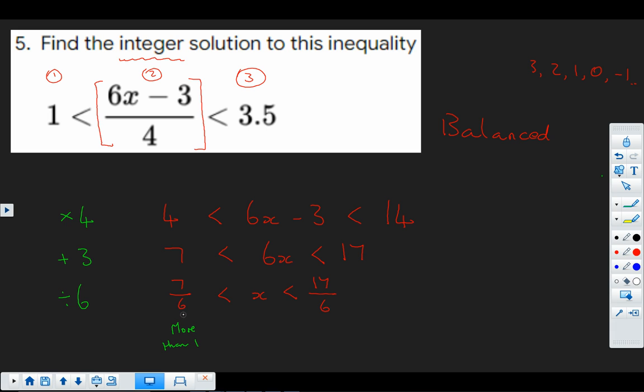But less than 2. Now 17 over 6, that's less than 3 because 3 would be 18 over 6, but it's more than 2. So our answer here is something that's more than 1 but less than 3. So my integer solution is x equals 2.